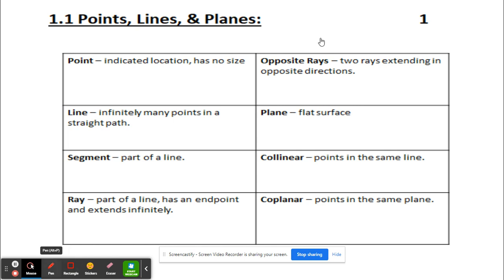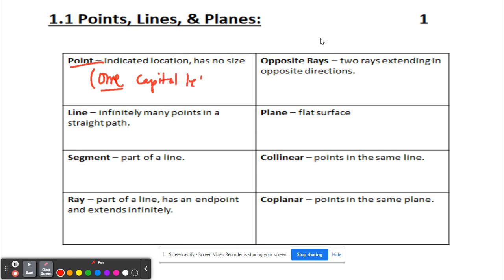So we've got a lot of terminology here that we need to look at. And so we're going to talk about a point. Everybody should know what a point is. It is an indicated location, has no size. Basically, the thing that you need to know whenever you're talking about a point is that it is only one capital letter.